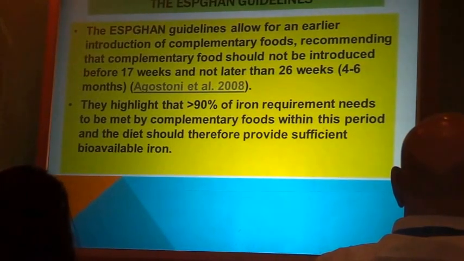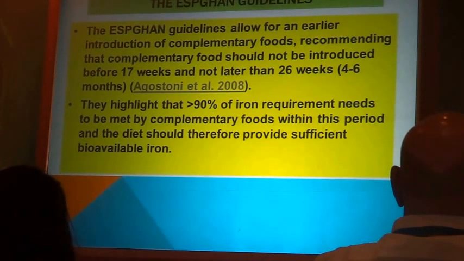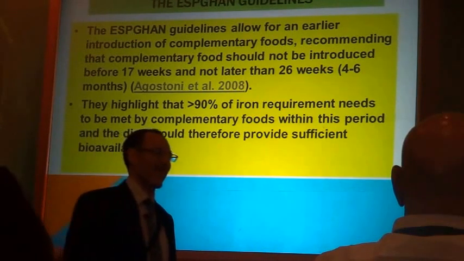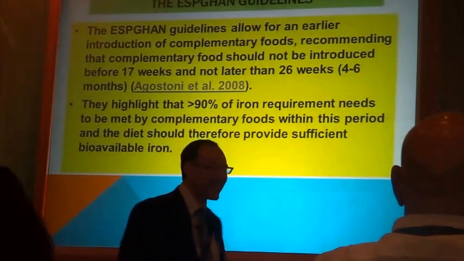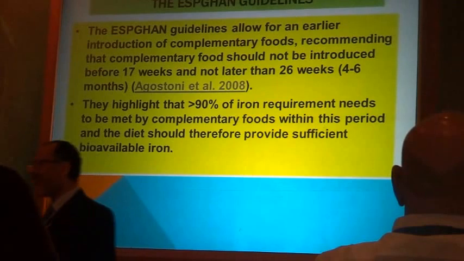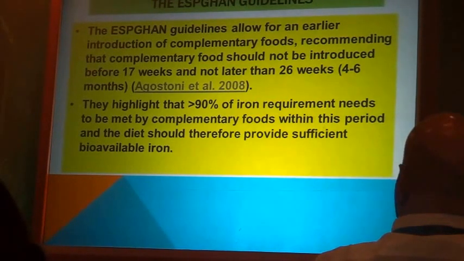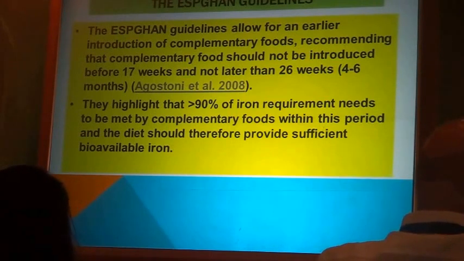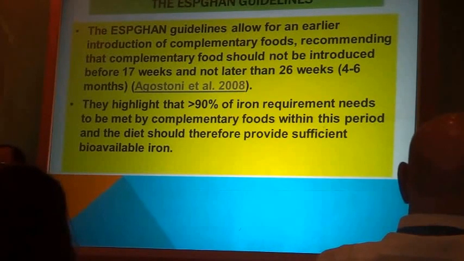SBGN variant. So they administered the weaning or the complementary feeding at the age of 17 weeks. That is 4 months. They accepted the start at the age of 17 weeks, and not later than 26 weeks.